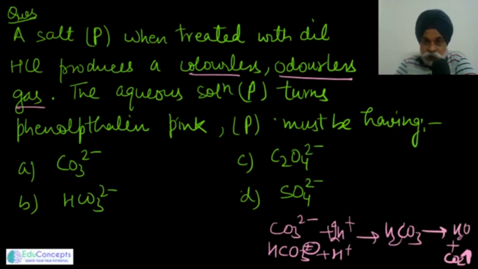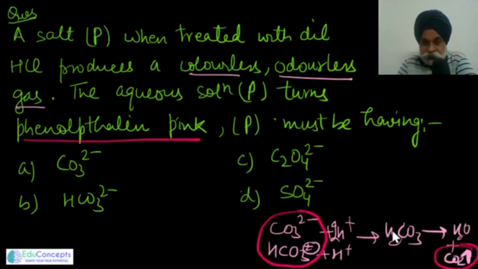But now the point here is both of these are given to us, and the aqueous solution of P turns phenolphthalein pink. This is to be done very carefully, because, as I am saying, all these questions have more than one choice, so things become difficult, because both of these would produce colorless, odorless carbon dioxide.